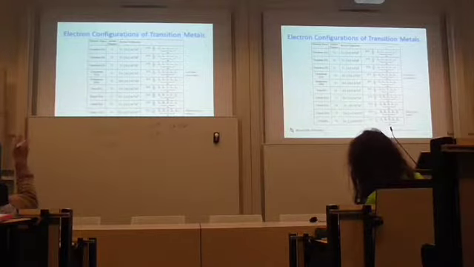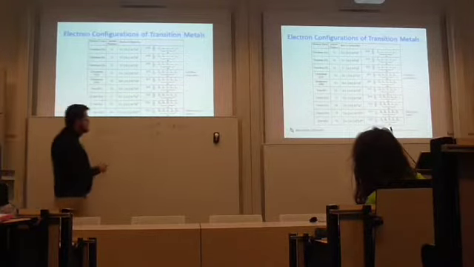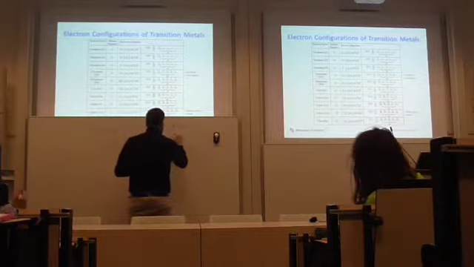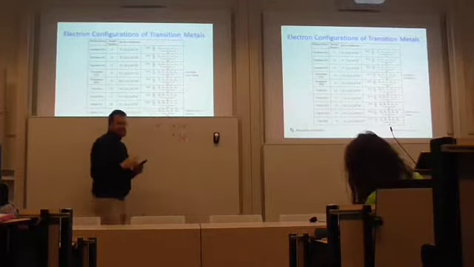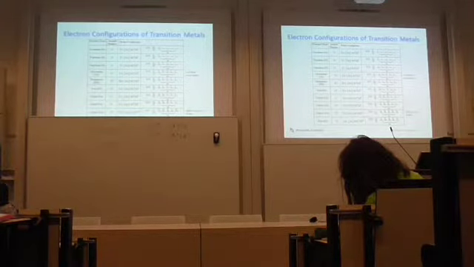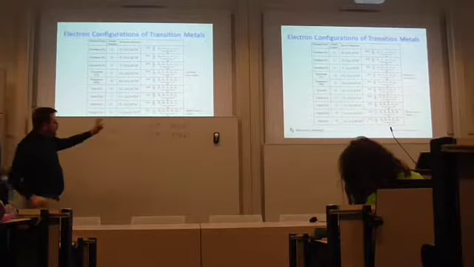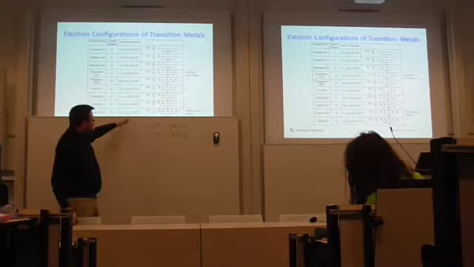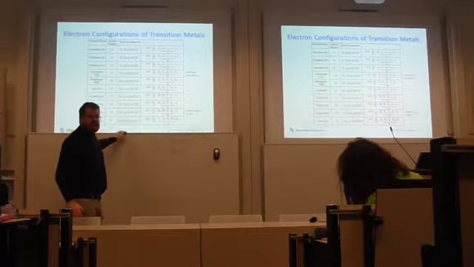Yes? 3d2? Correct. It's going to be argon, don't forget noble gas configuration, 3d2. Because I empty out the 4th energy shell first, then the 3rd, then the 3d. Right, so this is important. You should be able to do this, and you should be able to write down electron configurations.